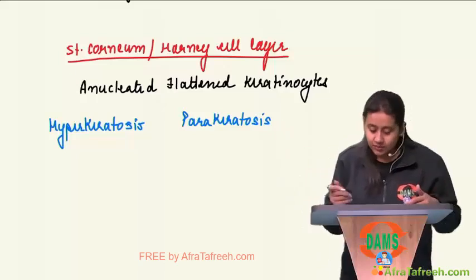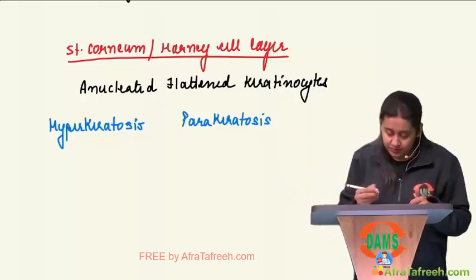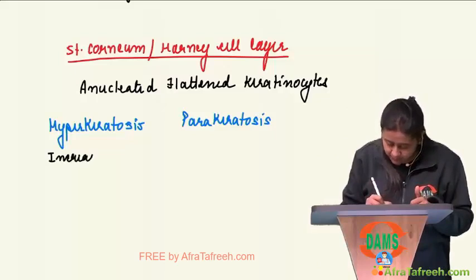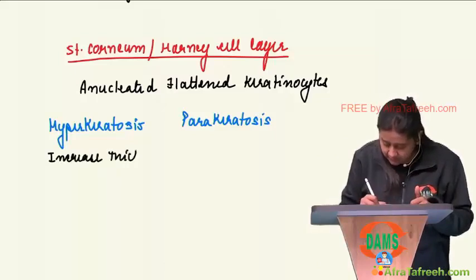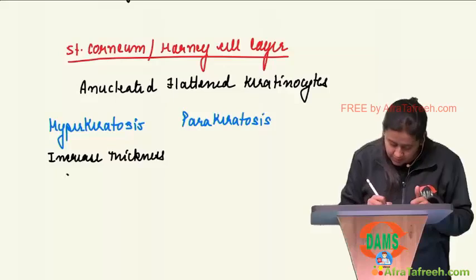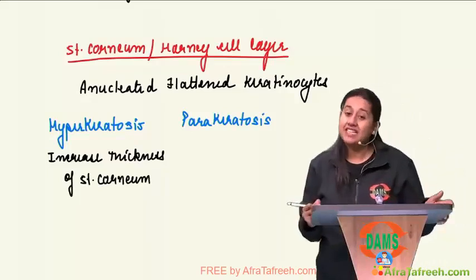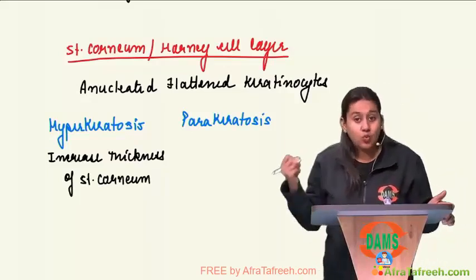So please write down, hyperkeratosis means increased thickness of stratum corneum. And what is parakeratosis?